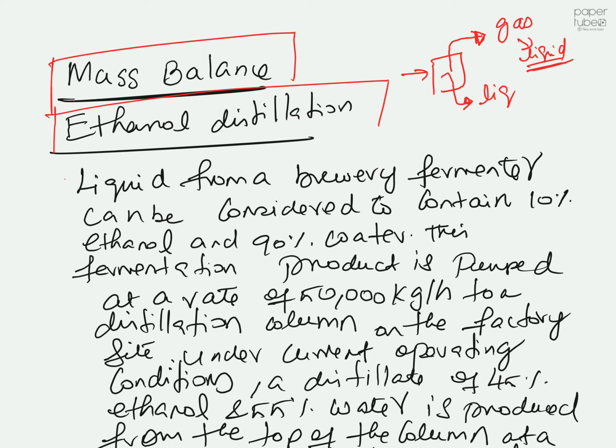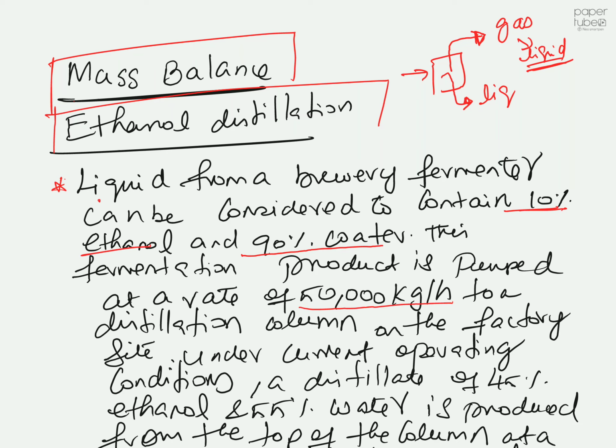I'm going to read this very important problem in bioprocess engineering. Liquid from a brewery fermenter can be considered to contain 10% ethanol. So the fermentation broth contains 10% ethanol and 90% water, and this fermentation product is pumped at a rate of 50 kilograms per hour to a distillation column.